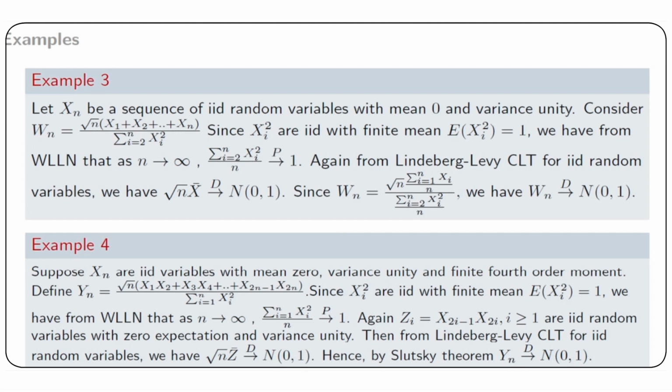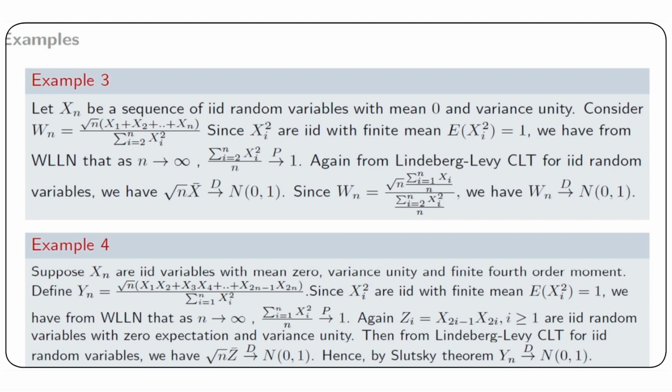Now consider new variables zi, which is defined as x2i minus 1 multiplied by x2i, and we find that zi are IID random variables with 0 expectation and variance unity. Actually xi are IID and having mean 0, so expected value of zi is nothing but 0, and as regards the variance of zi, it is nothing but the product of expectation of x2i minus 1 square multiplied by expectation of x2i square.